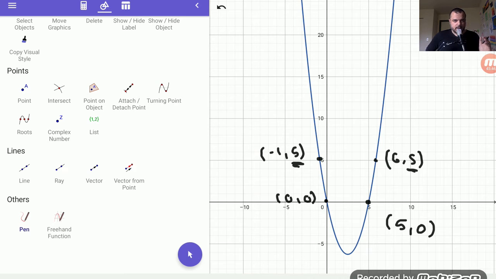It means that we have two x coordinates, negative 1 and 6, and they correspond to 5. The same thing with the 0. We have 0 in the range and 2 elements in the domain. So the 0 and the 5 in x correspond to the 0 in y.